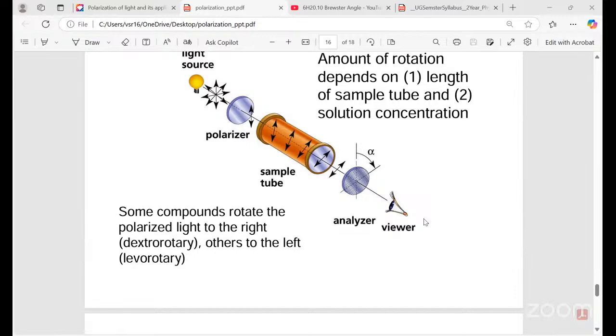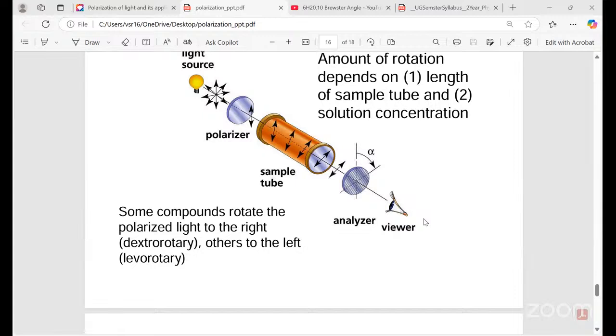The amount of rotation depends upon the length of the sample tube and also the sugar solution concentration. That's why in our experiment we are going to change the sugar solution concentration.